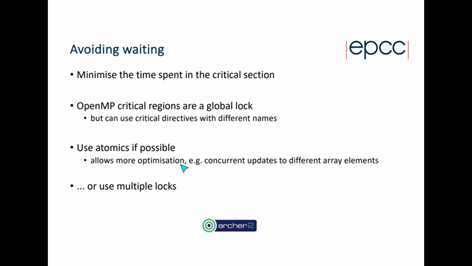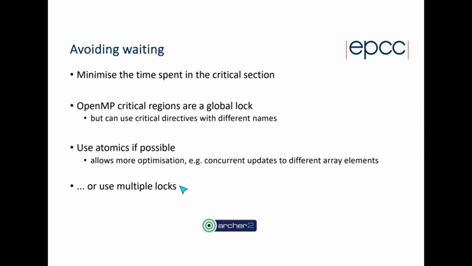Okay? So, for example, if we're trying to protect updates to different array elements, which could potentially happen from different threads at the same time, then atomics are good because they permit concurrent updates to different array elements. You're not actually guaranteed that by the OpenMP specification, but implementations will generally do that correctly or reasonably well.